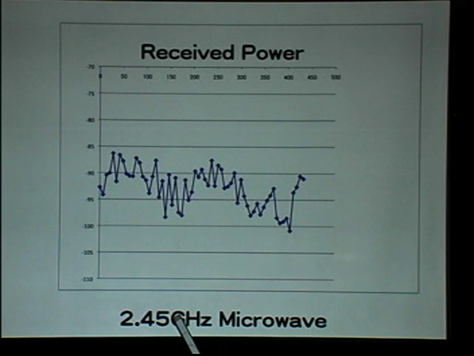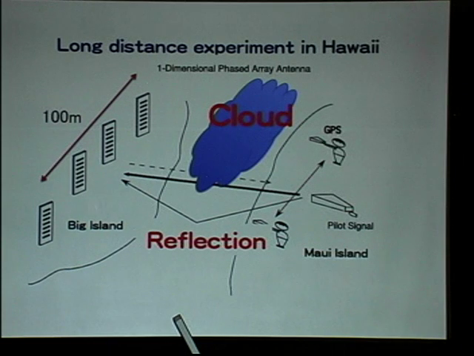It indicates that power transmission over a long distance between high mountains is difficult. We considered the reason for this variation. Maybe reflection on the sea surface, and maybe clouds and the atmosphere.